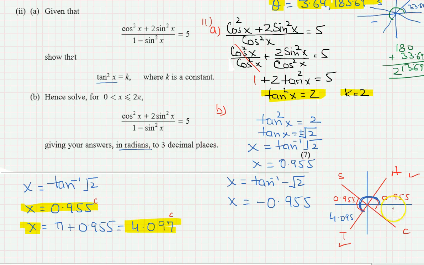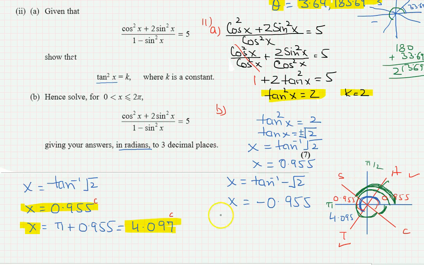Now let's talk about this. Let's see this angle, that is minus 0.95. So we have to calculate this angle, this one and this one, these two. This is pi over 2 and this is pi.